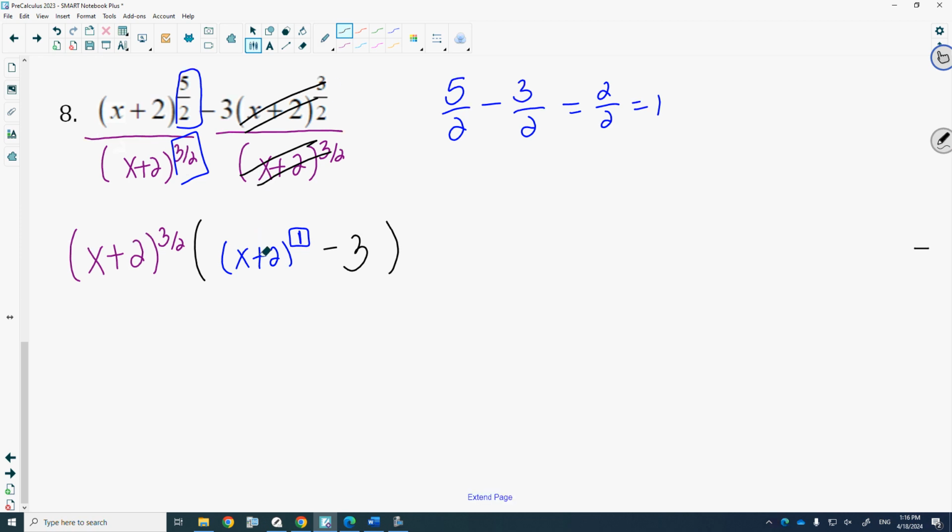Okay, this bracket is just simply x plus 2 minus 3, and then that could be cleaned up to be x minus 1. Now remember that this I'm going to bring down, and I'm going to bring this down as well.